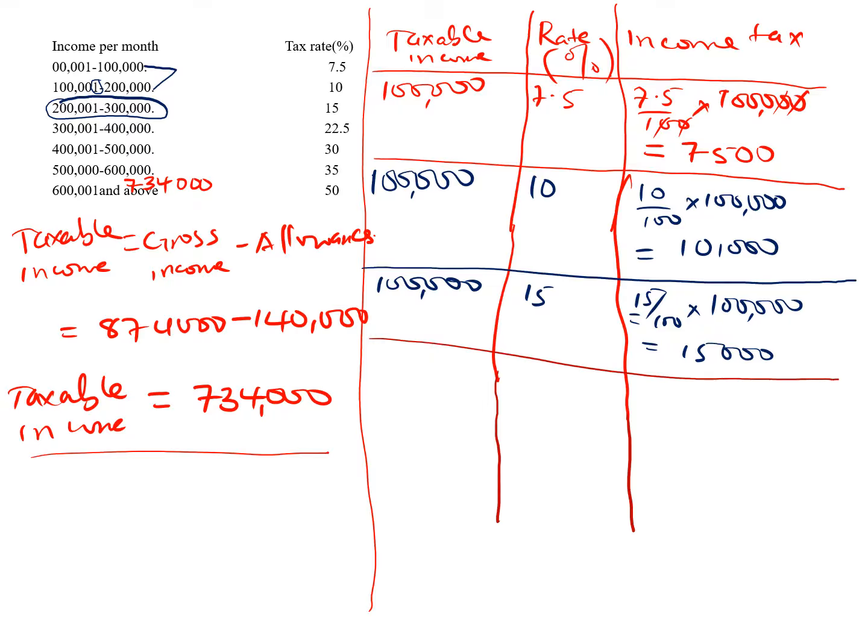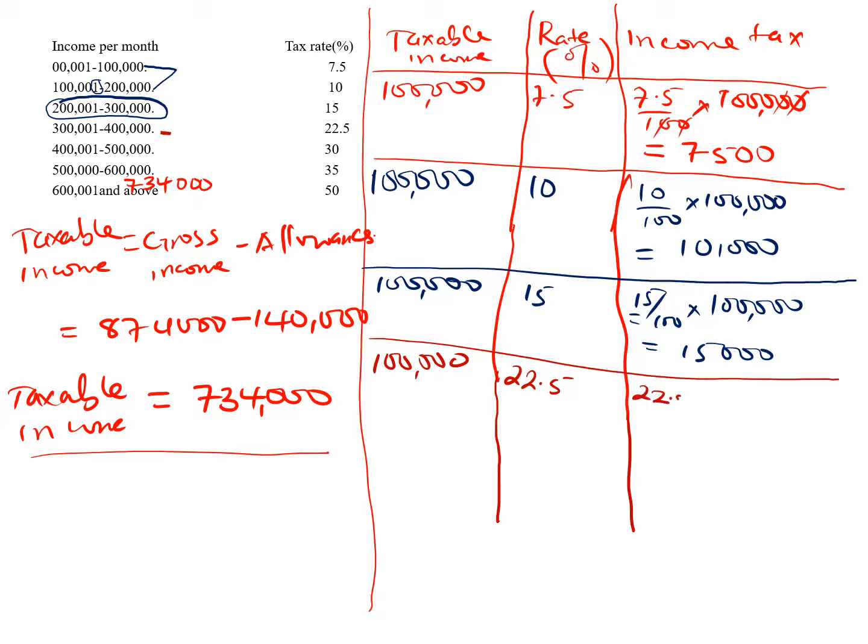I need to tax 734,000, but so far now I have 300,000. So also I'll come here and I ask myself, how much should I tax? Still, from 300 to 400, I'm seeing 100,000 still. From here, that is 400,000 minus 300,000. So I'll come here and I say, what about 100,000? So here we shall have the rate as 22.5.